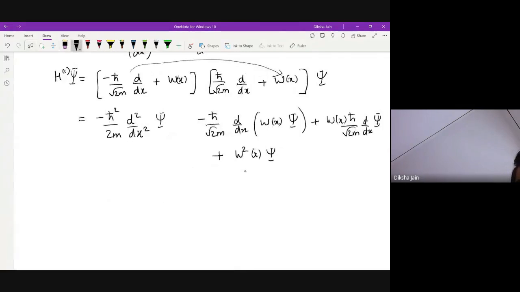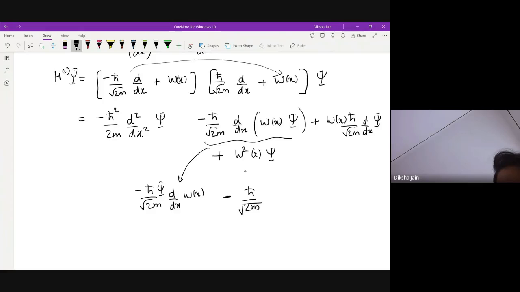For the second term I use the product rule. I get minus h cross by square root 2m d by dx of W of x times psi, minus h cross by square root 2m W of x times d by dx of psi. So this term and this term cancel.